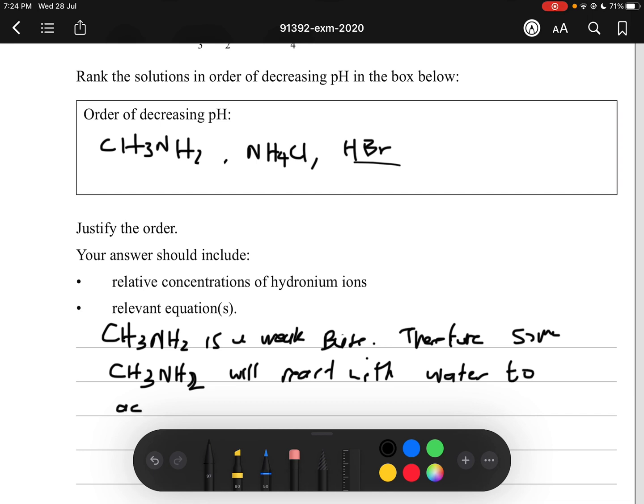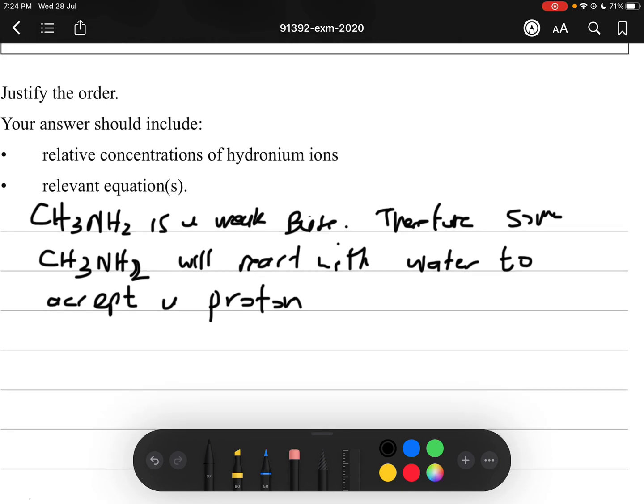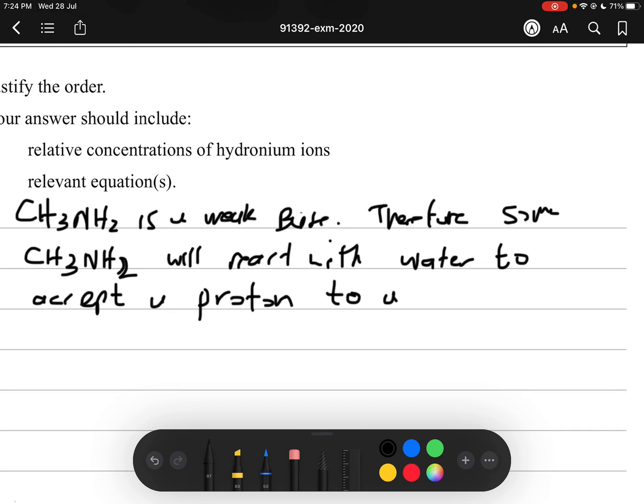To accept the proton, so it's going to accept a proton to form excess OH minus ions. Oh, sorry, not to accept, to create excess OH minus.